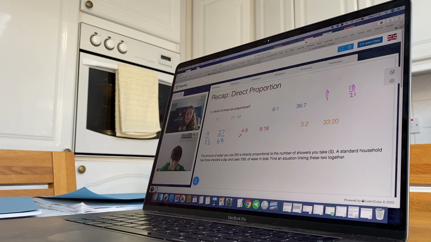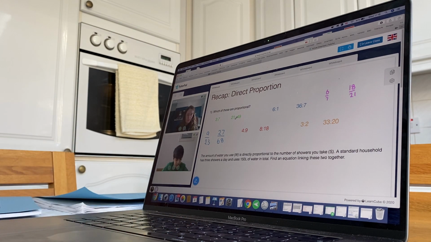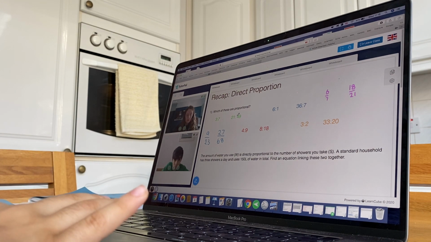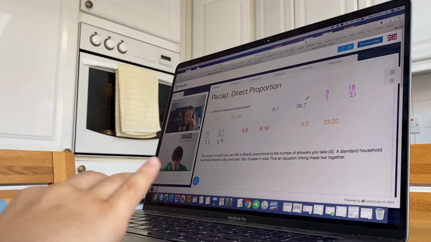Okay, so which of these are proportional? If it's easier, you can put a little tick next to the ones that are proportional, or a cross, or just tell me and I'll tick it and cross it.